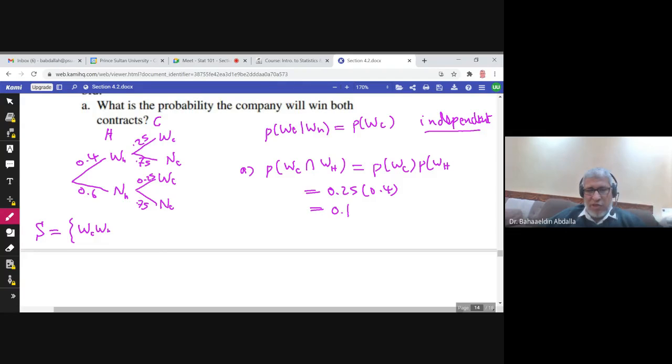Let me start with H first, because H is the first one. One possibility is winning both contracts. Or winning the first one and losing the second one, or losing the first one and winning the second one, or losing both contracts. These are the four possibilities.